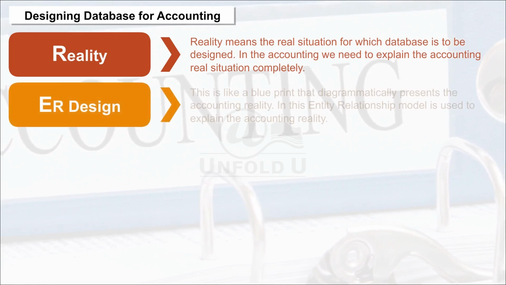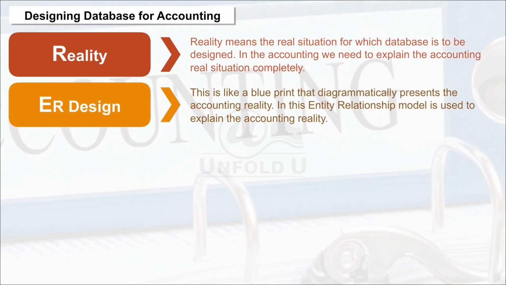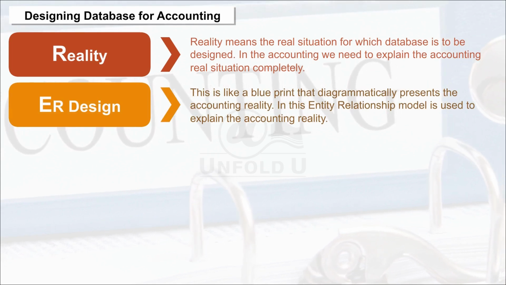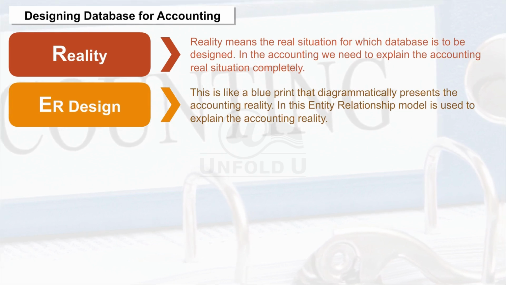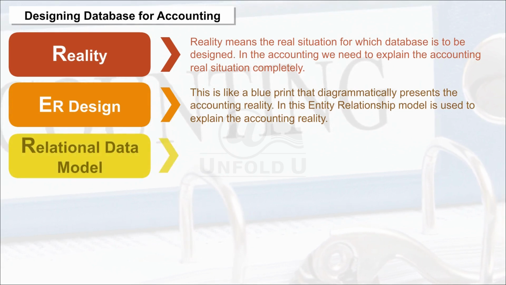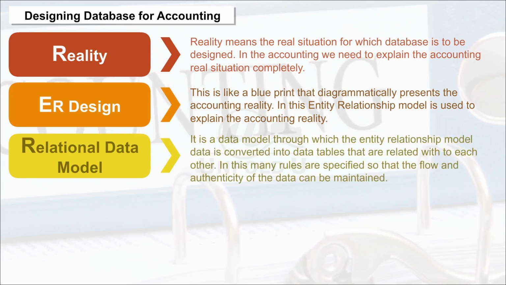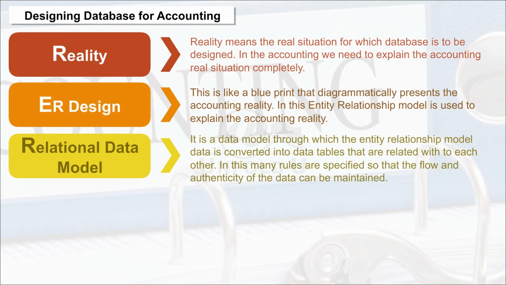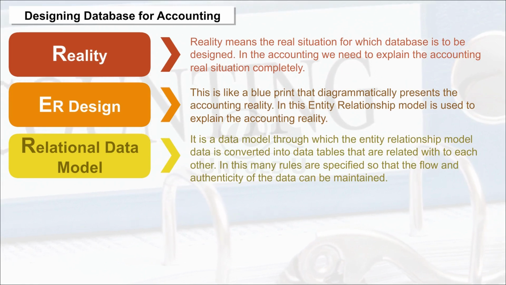ER design. This is like a blueprint that diagrammatically presents the accounting reality. In this, entity relationship model is used to explain the accounting reality. Relational data model. It is a data model through which the entity relationship model data is converted into data tables that are related with each other.